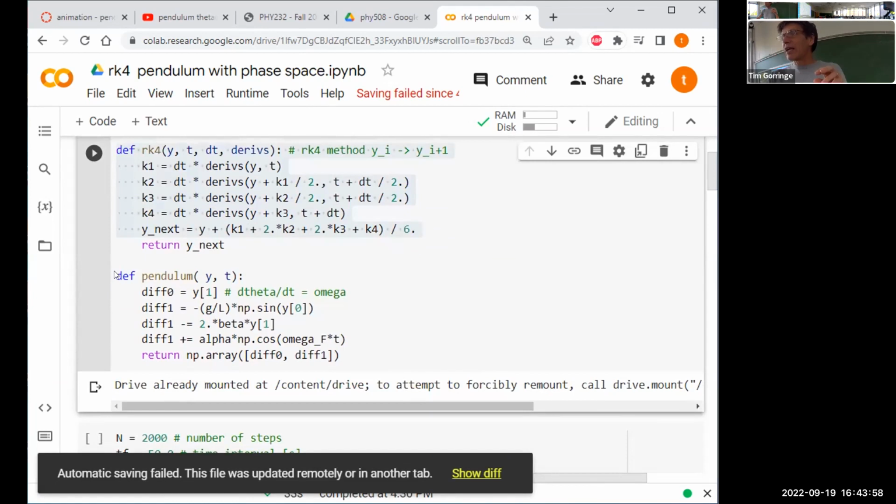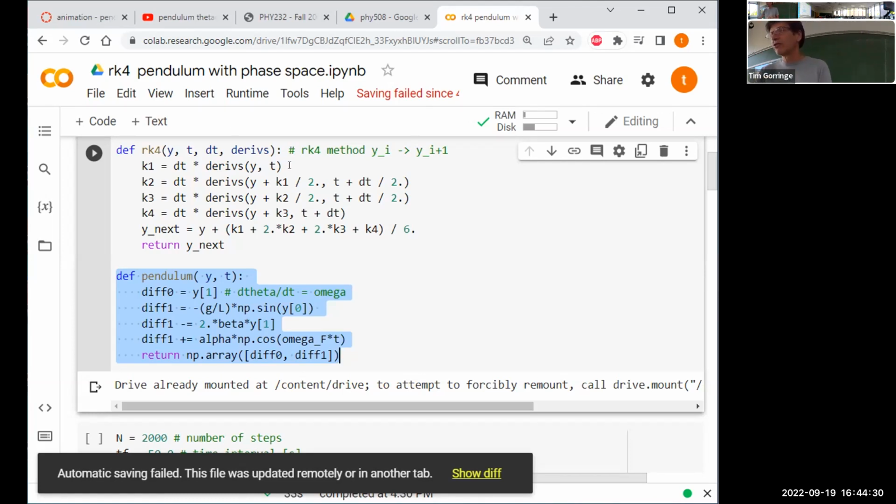And then we had a second user-defined function. I called it pendulum, and it was the one that described the system. We broke the second order differential equation down into two first order differential equations, one for the rate of change of the angle, and one for the rate of change of the angular velocity. This function defines those two rates of change.